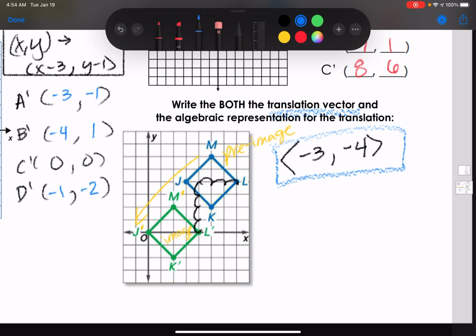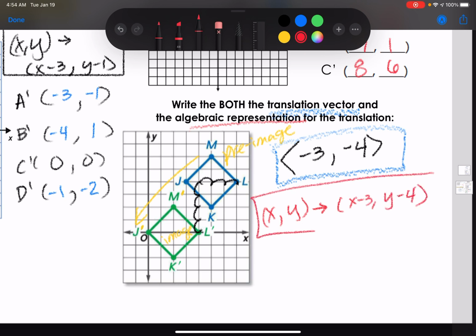And our algebraic representation for this would be the exact same thing, except now we just write out that our original coordinate point x, y goes to x minus 3 and y minus 4. This right here is our algebraic representation.